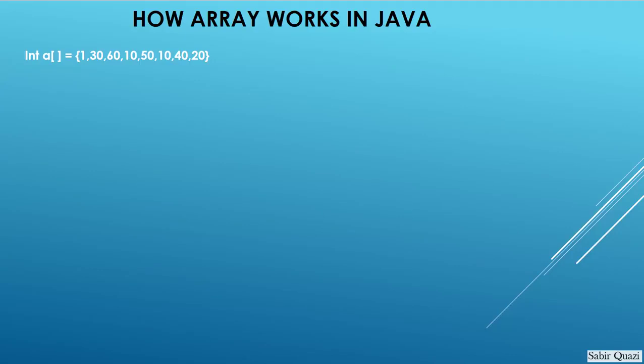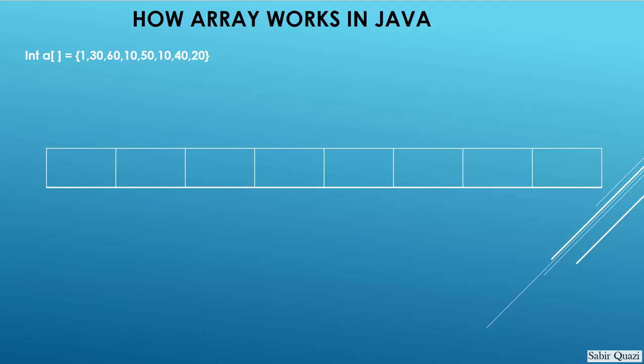In this case, we have declared one array, and the name of the array is A, and it holds the values 1, 30, 60, 10, 50, 10, 40, 20, and all these values are of integer type. So what happens when we create or declare an array?